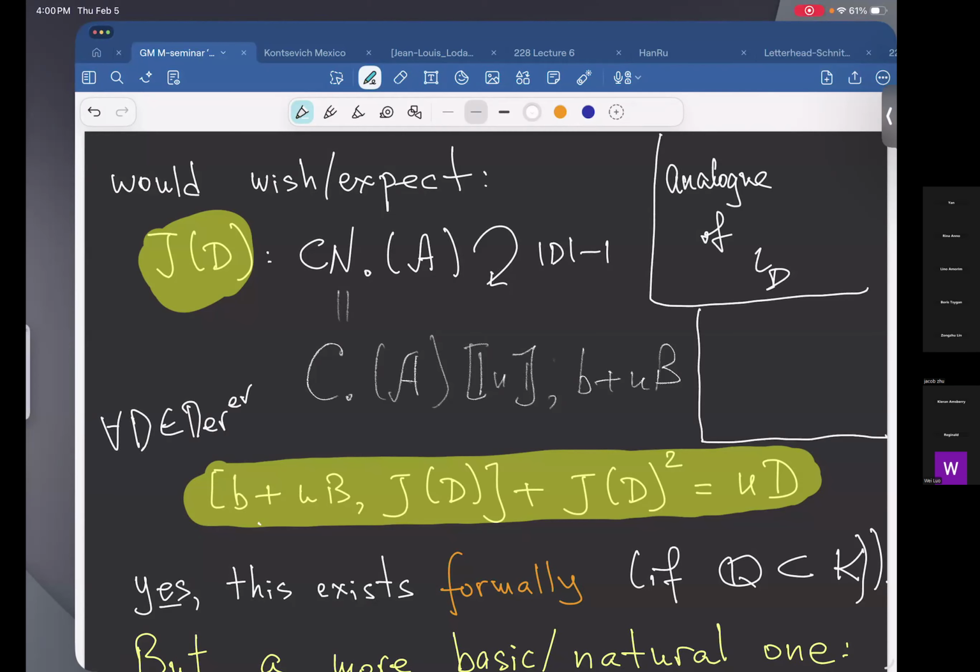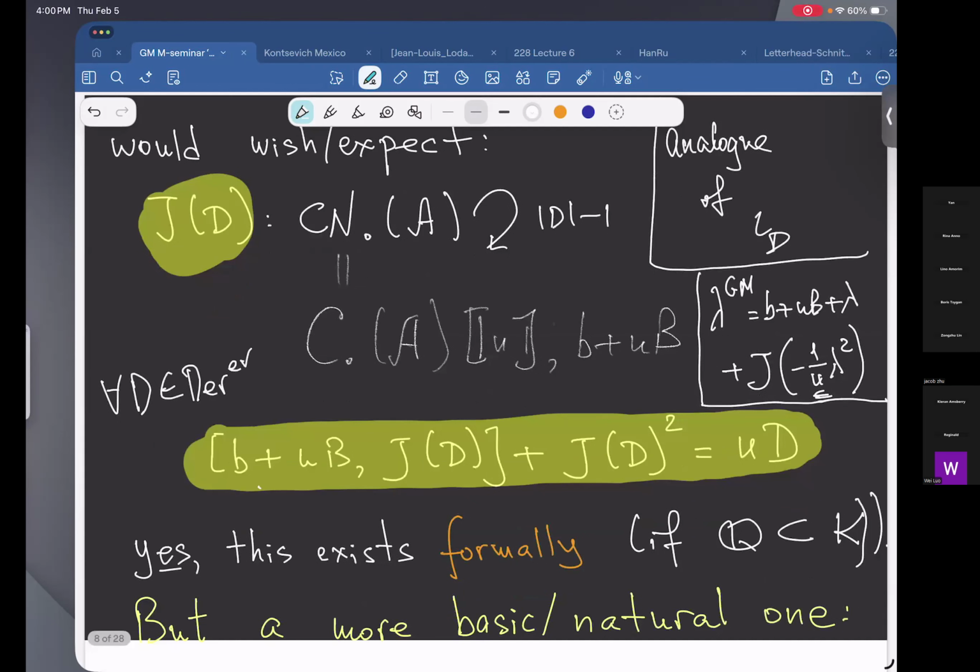And why do I need to invert? Because, like I did in the commutative case, this is where my denominator comes. But J of D doesn't involve denominators in U. So this is what I expect.